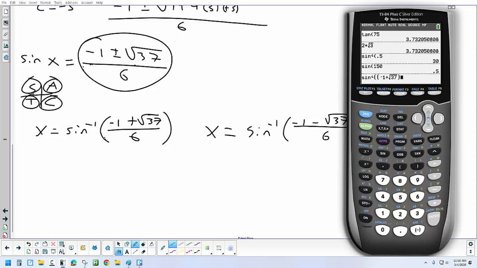So put the numerator in parentheses, and then close your inverse sine. Okay, so I think they said radians, but I'm going to do degrees just because I'm in degrees right now. So 57.901.